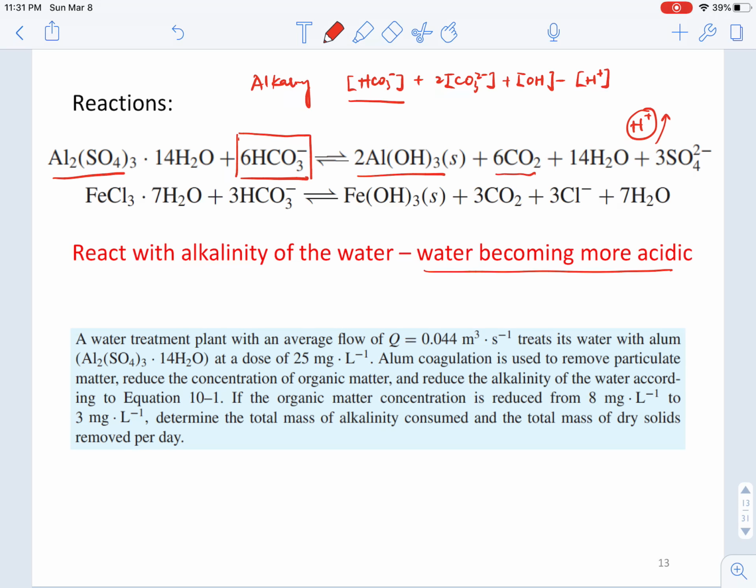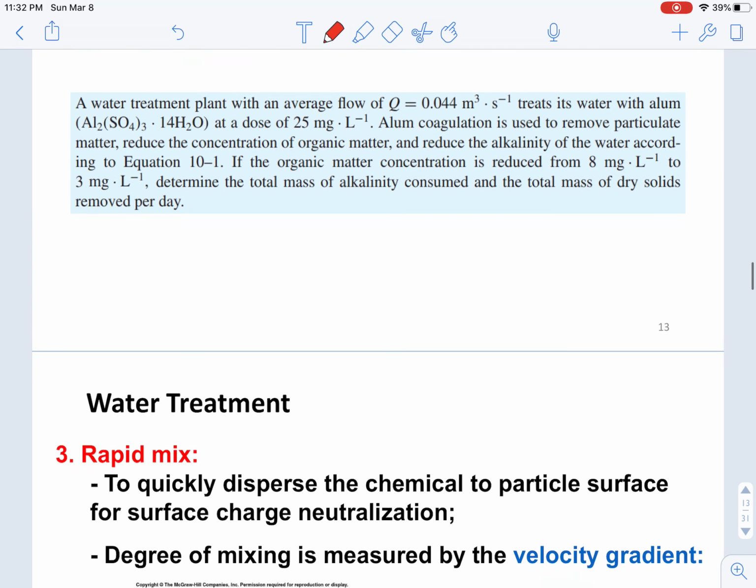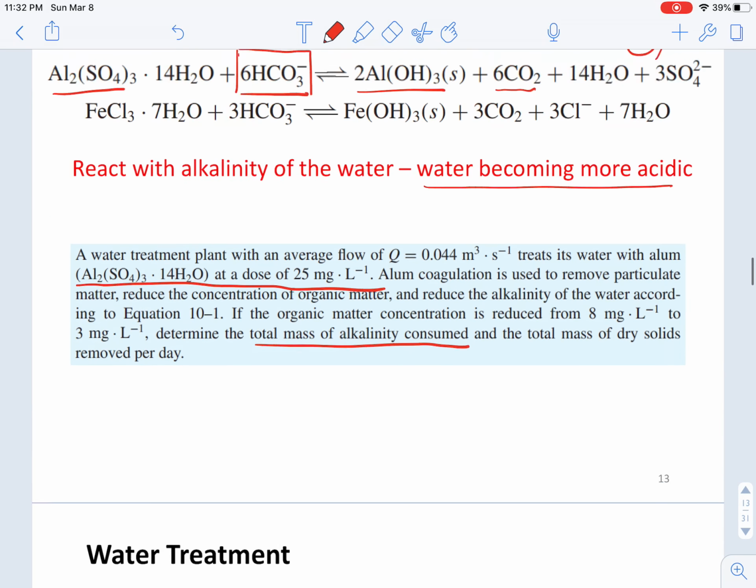So from this coagulation reaction, we can also calculate how the alkalinity changes if we introduce coagulants into the water. For example, in this example problem in your textbook, it wants you to calculate what is the total mass of the alkalinity that's being consumed if we introduce a certain amount of alum into the water treatment plant, right?